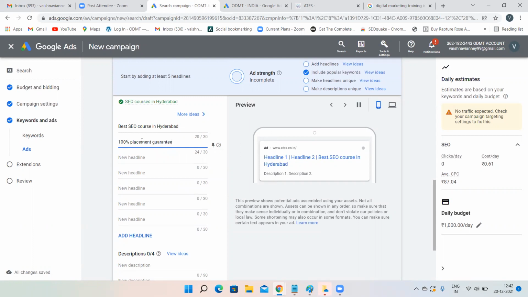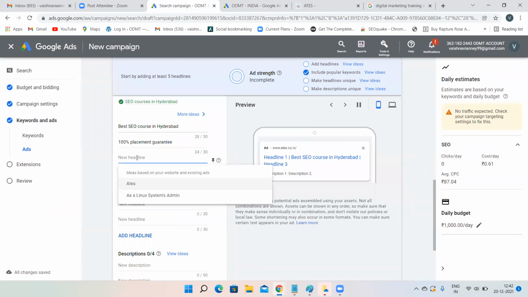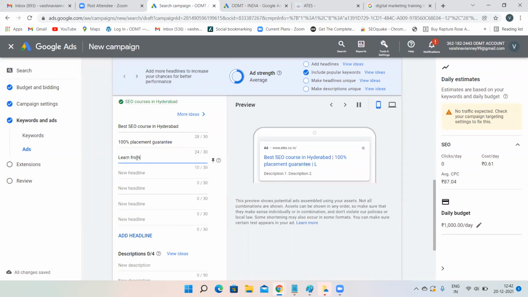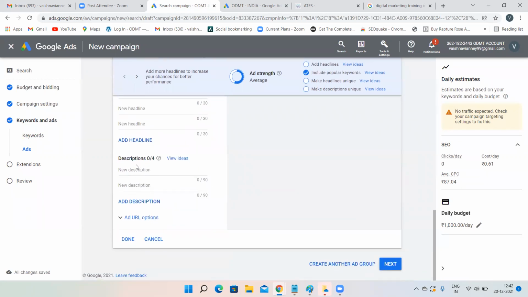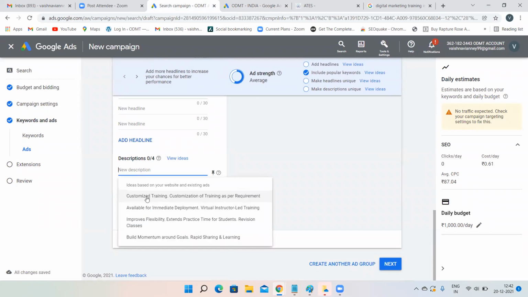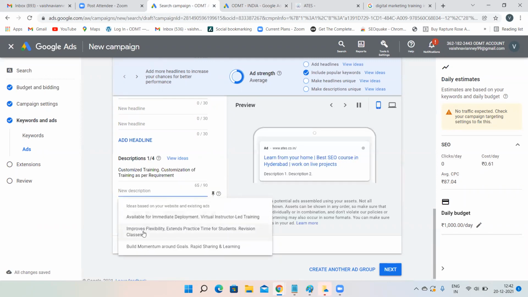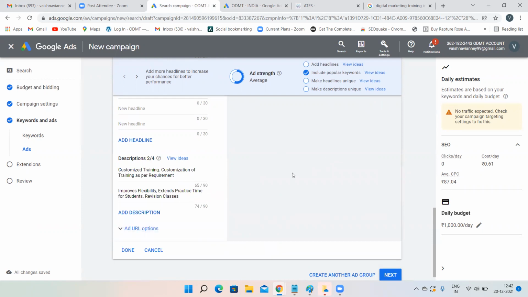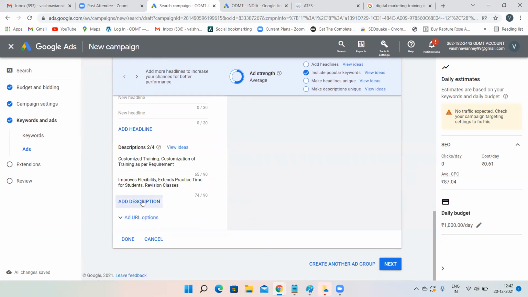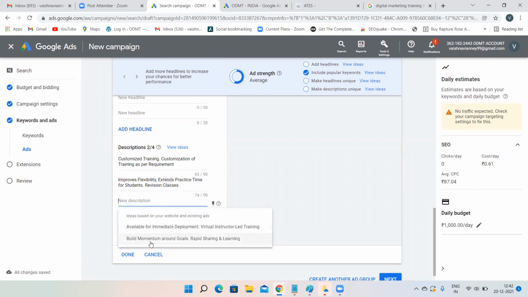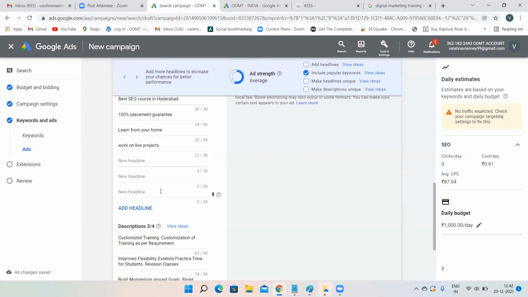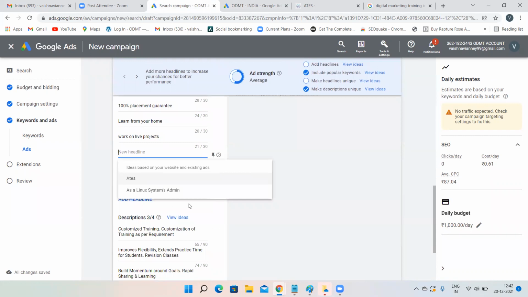Make sure every word's starting letter is capital. As of now, I've given 4 combinations for the headlines, and you can give some descriptions. So this is how my advertisement is going to appear. If you want to add more descriptions, you can just add more descriptions. That's it.